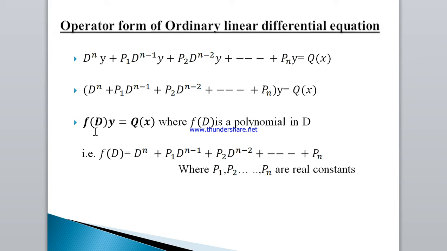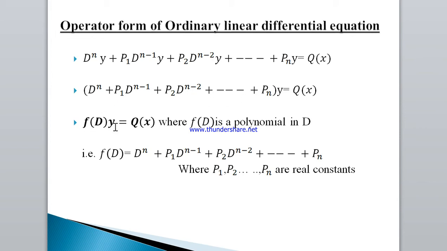So this is written as f of D into y is equal to q of x. Why we write f of D: here D^n plus p1 D^(n-1) plus p2 D^(n-2) plus and so on pn is a polynomial in D. So that's why we can write it as a function in D.